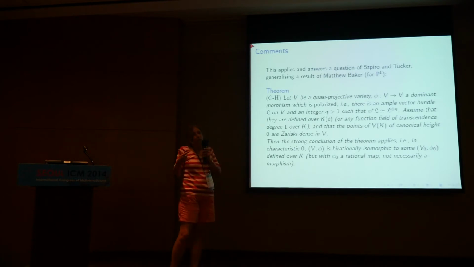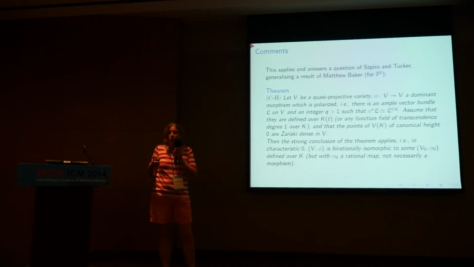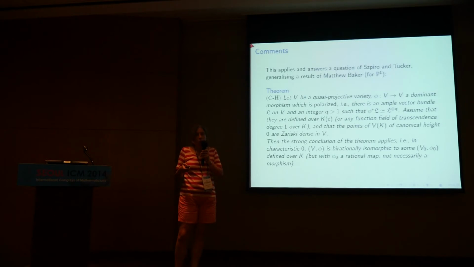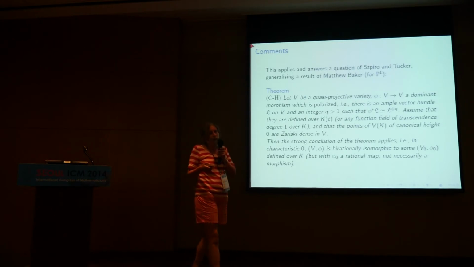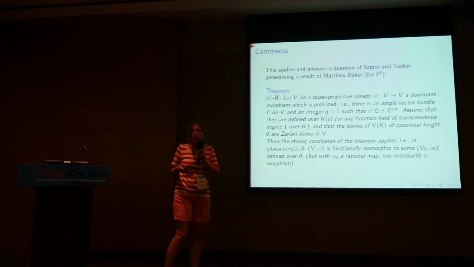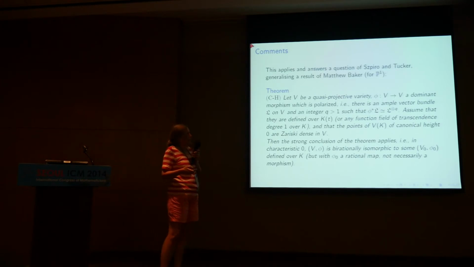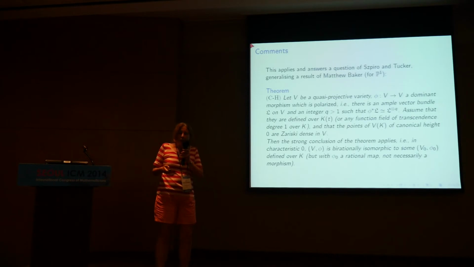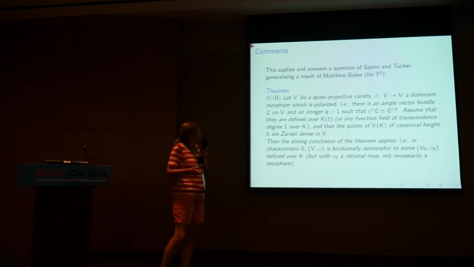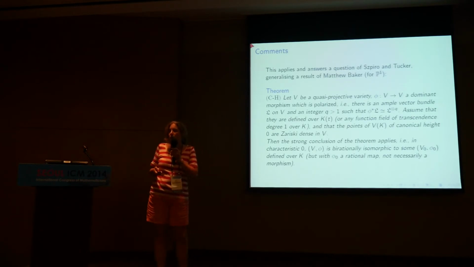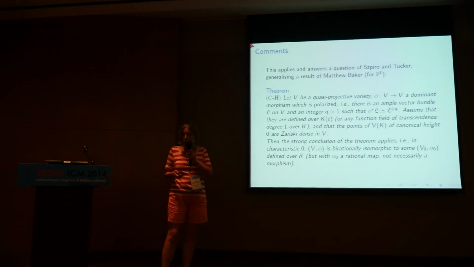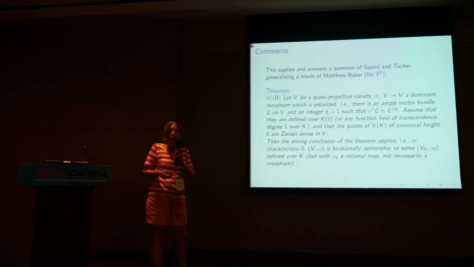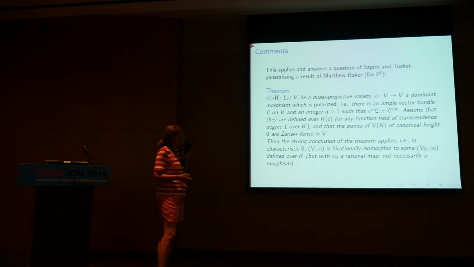Now, that variety might not be irreducible, so this psi is going to permute some of the components, but you are going to get a W psi, which is going to dominate some V phi to the R for some R. It turns out that this is good enough, and you can apply the theorem to deduce the conclusion.